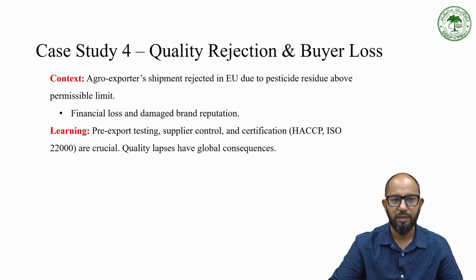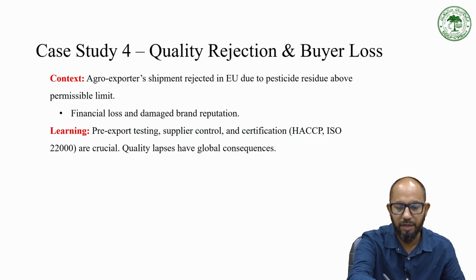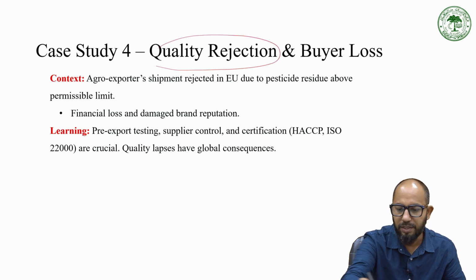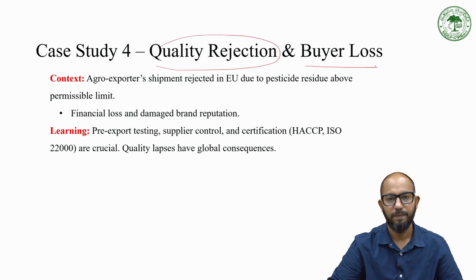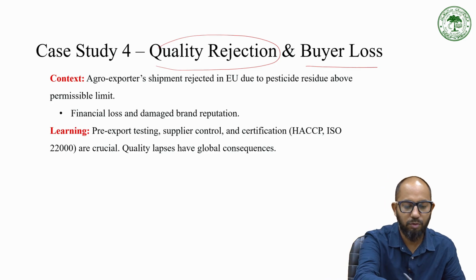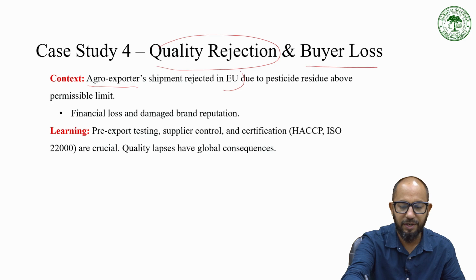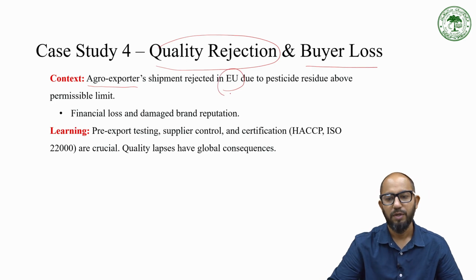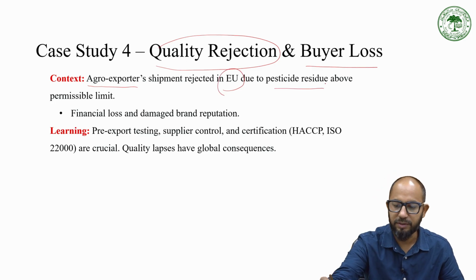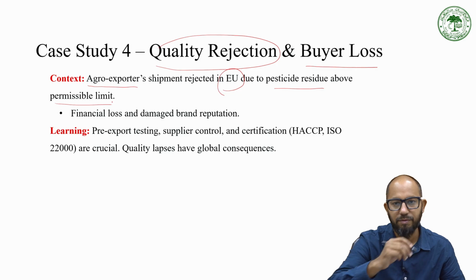Let us now try to see another case scenario, that is case study 4, where we can understand quality rejection and buyer loss. What is the context and the scenario? An agro, that is agricultural, exporter's shipment has been rejected in the European Union due to pesticide residue above permissible limits.